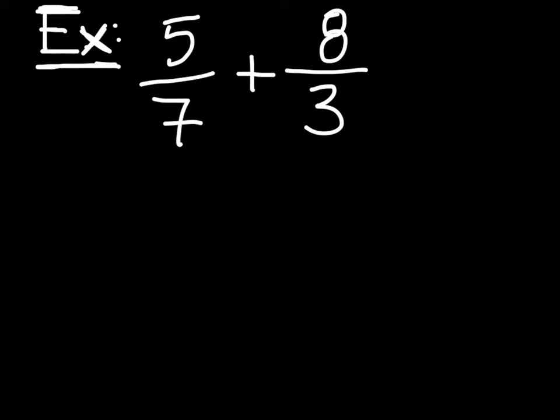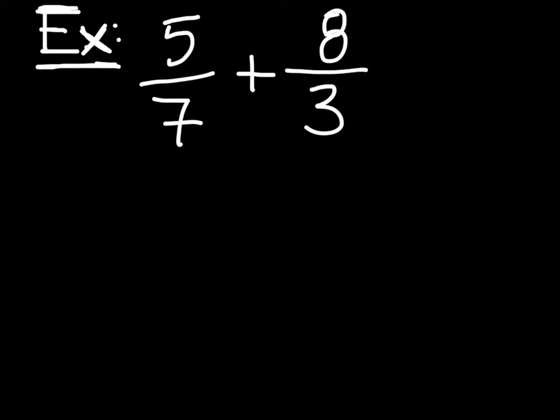Now, when I add and subtract fractions, I always, forever, in all situations and cases, you must always have what? Common denominators. When adding and subtracting, you must have common denominators, all right?